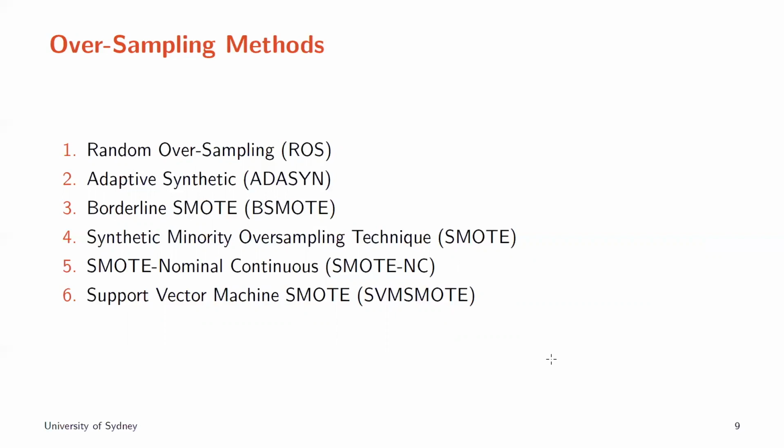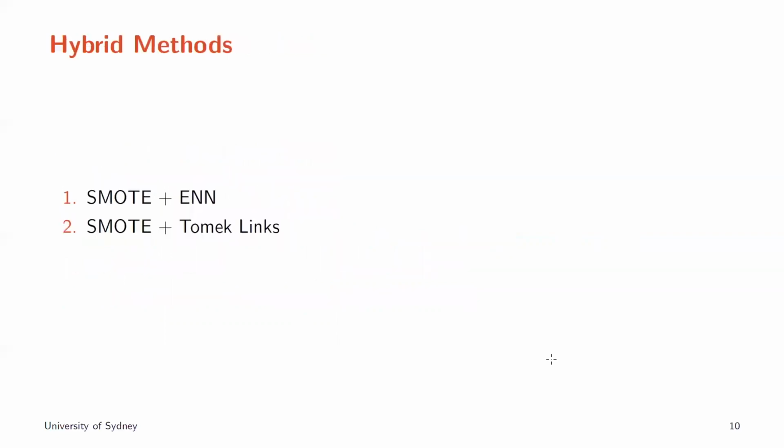Among these, SMOTE is a popular oversampling method. It produces synthetic examples by interpolation. It has been extended by others, thus we have SMOTE nominal continuous, borderline SMOTE, SVM SMOTE. For hybrid methods, we implemented 2 techniques. The first one combines SMOTE for oversampling and edited nearest neighbors for undersampling.